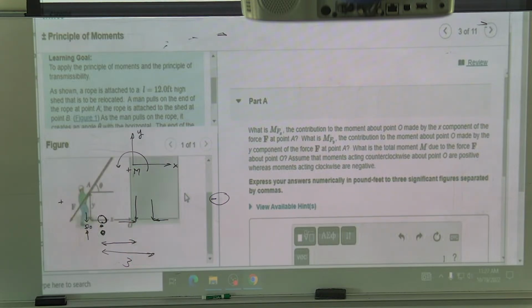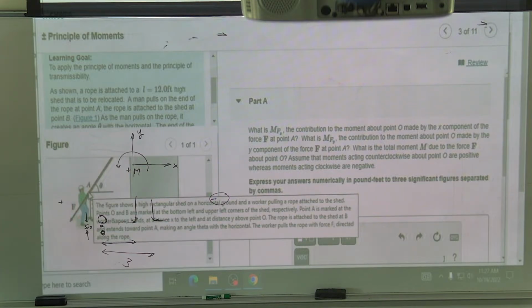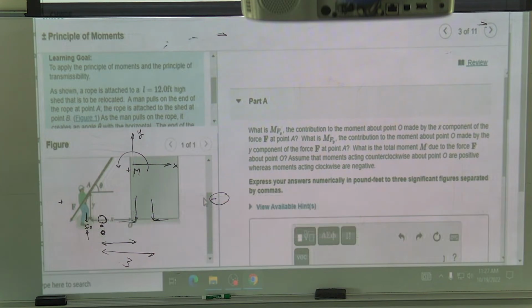There's A. There's the guy A. What is MFY? The contribution made by the Y component. Okay, so what he's actually, let's see, oh, here we go. I can just slide it to right there.